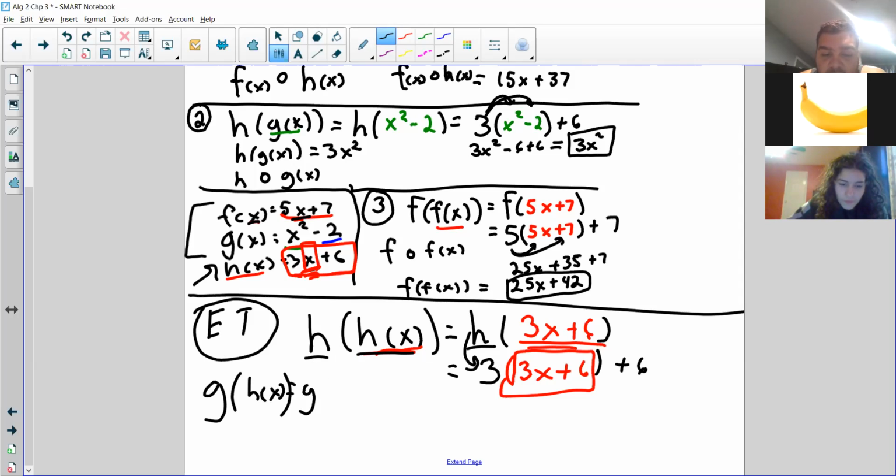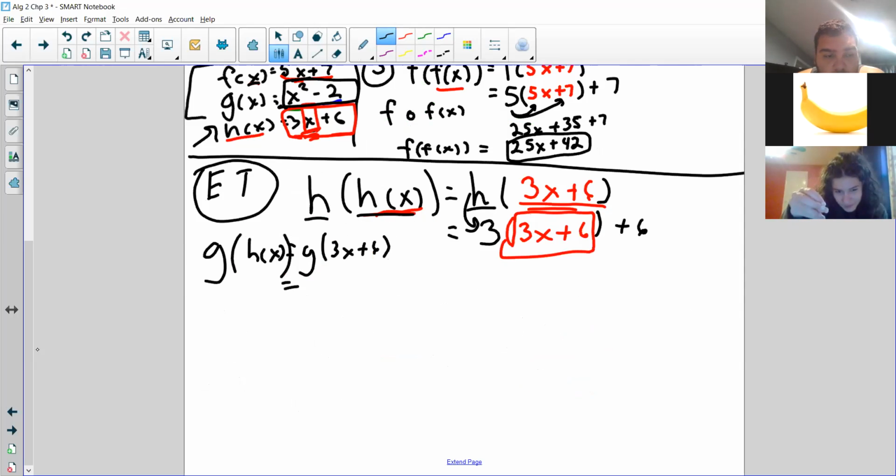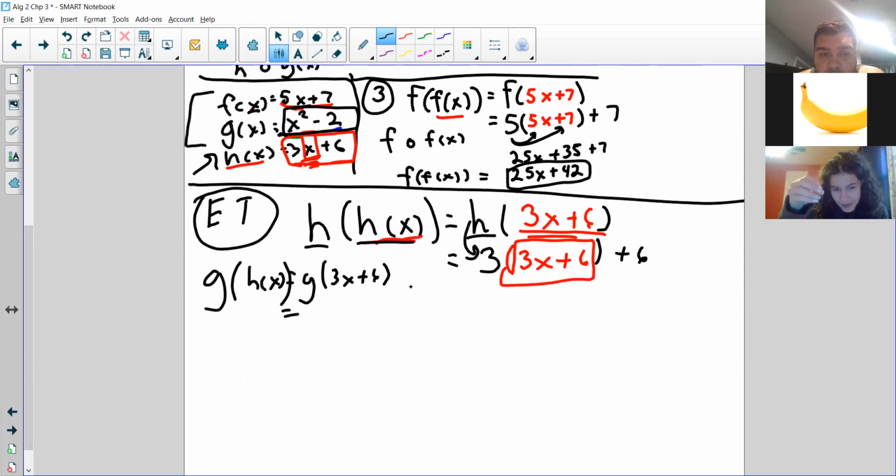I'm going to replace that h of x with 3x plus 6. I don't look at the g as a number. I look at g as something I follow the equation for. So due to it not being a variable, it's an equation.